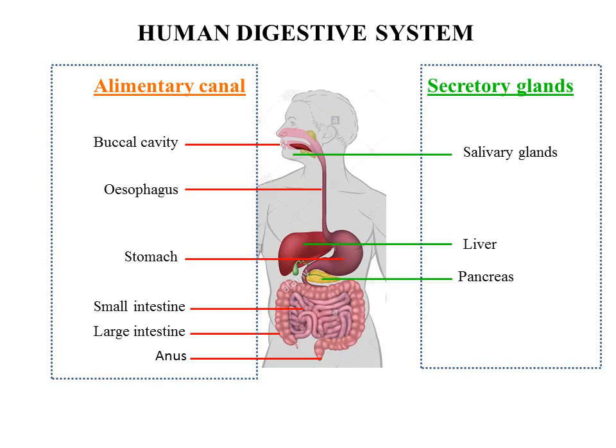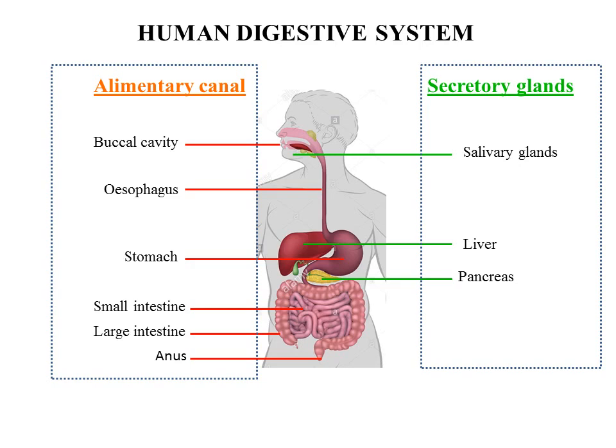In the alimentary canal, the first part is the buccal cavity, or mouth, from where we take our food. Then the food comes to the esophagus, the next part of the alimentary canal. Through the esophagus it passes the food to the stomach, the third part of the alimentary canal.